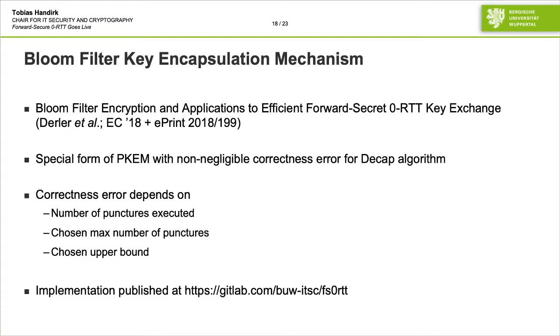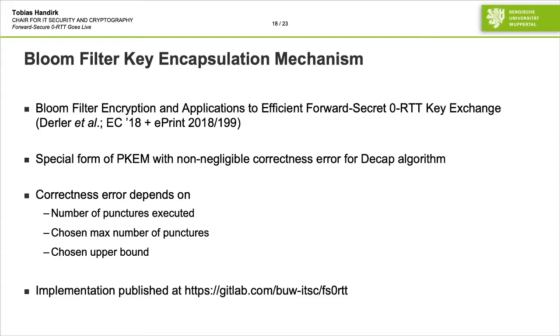If punk is called more often than the chosen number, there are no guarantees anymore on the failure probability. In that case, the key is kind of exhausted and the server should generate a new key pair. Nevertheless, since the failure probability grows exponentially in the number of punctures, it will remain at negligible values for a very long time.